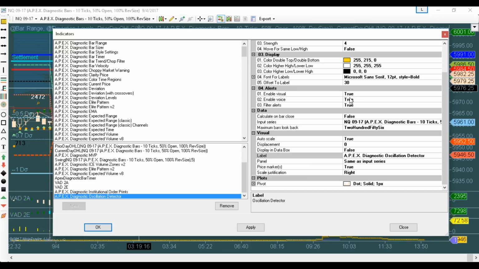If you're just using the standalone indicator, you'll have to turn them on. That makes sense? Everybody see that? So it's all done for you. The settings are done, colors are done, the alerts are on there, the template's made. Everybody see where to get the indicator and where to get the template? Any questions on template or indicator loading?